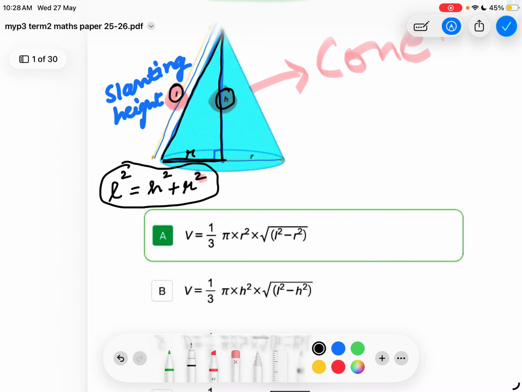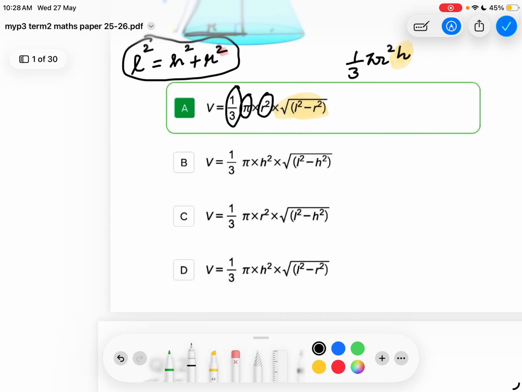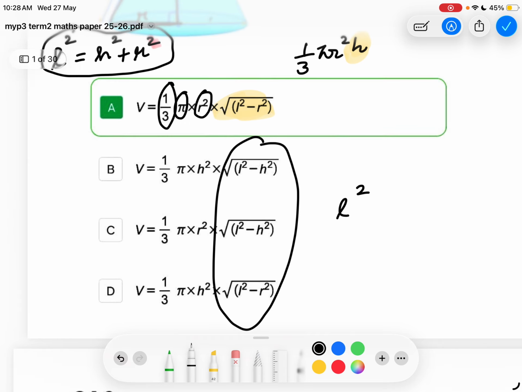Okay, then it says calculate the volume. Volume formula is 1 by 3 pi r square h. So 1 by 3 is given, pi is given, r square is given. Instead of h, they have written something like this. So I will tell you how it is correct or why other parts are not correct. You know that L square is equal to r square plus h square.